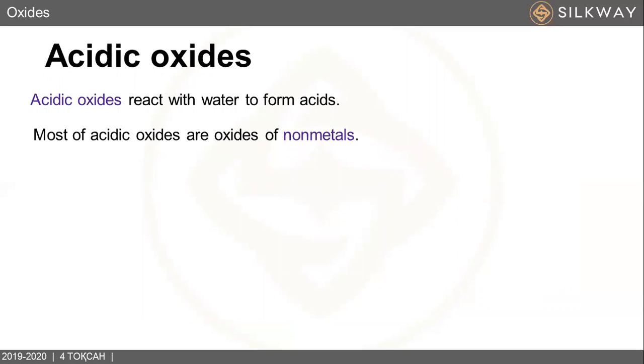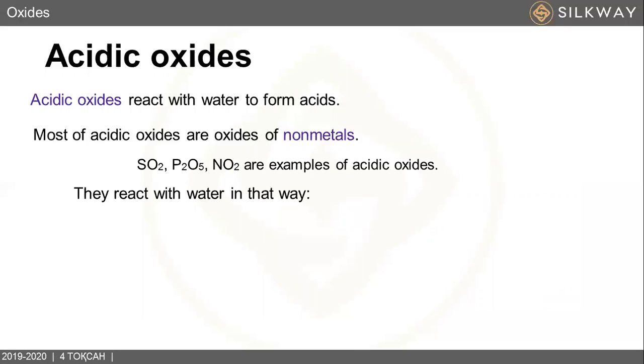Acidic oxides react with water to form acids. Most acidic oxides are oxides of nonmetals. Sulfur dioxide, diphosphorus pentaoxide, and nitrogen dioxide are examples of acidic oxides.